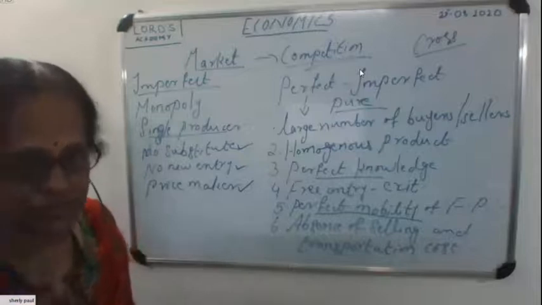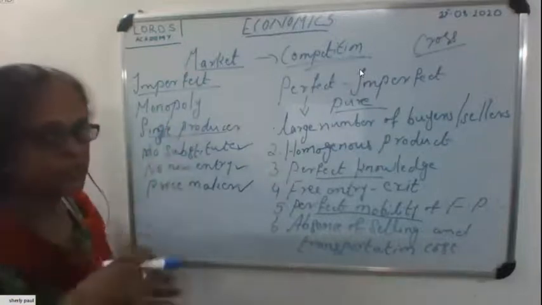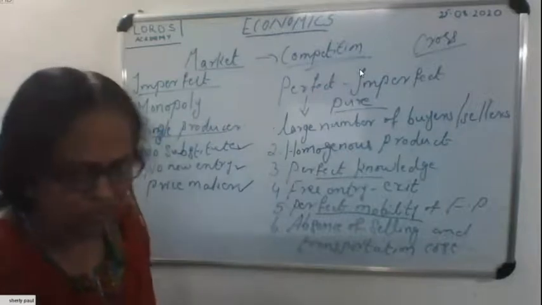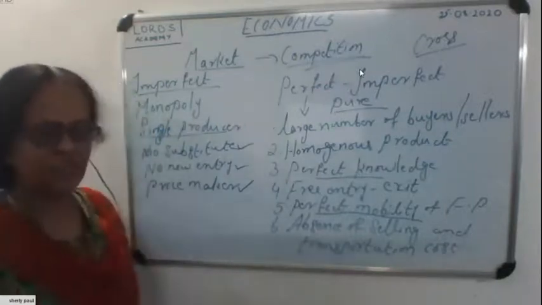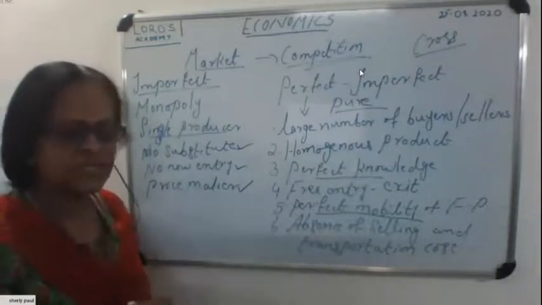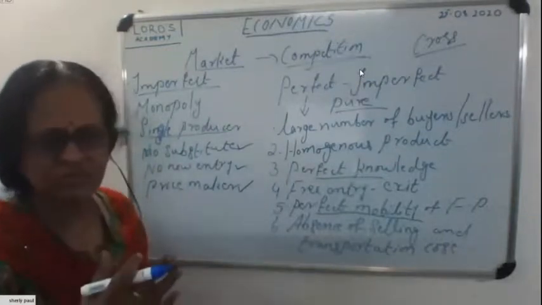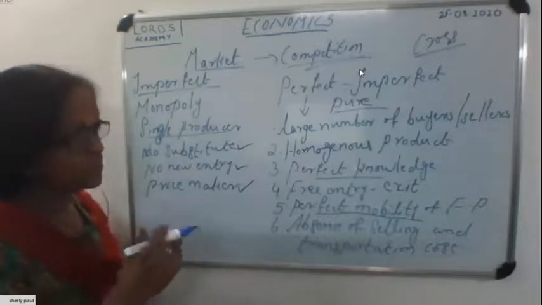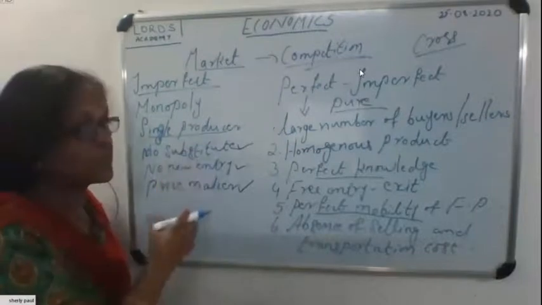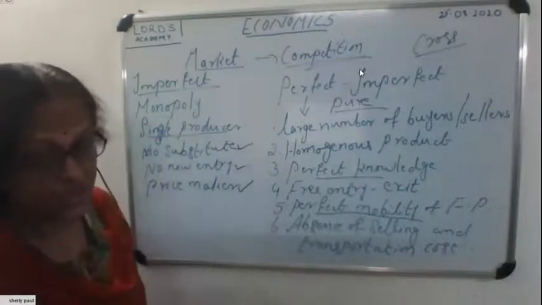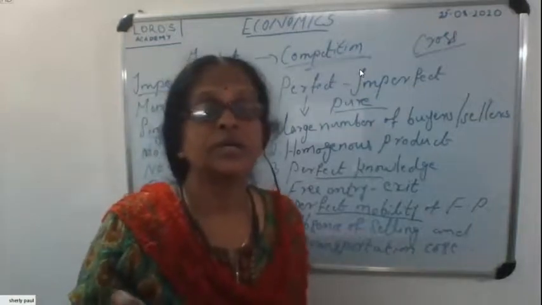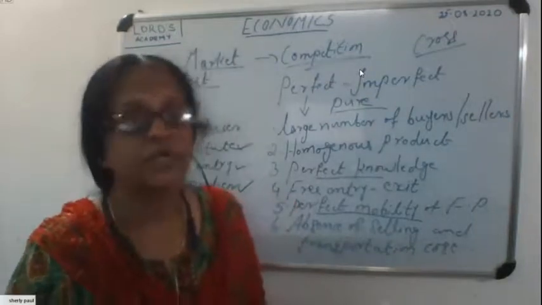If a person is coming who is in urgent need of that product, he knows that at any cost he will buy the thing, then the monopolist can increase the price. Otherwise, if another person is not that much in need of the product, then to sell that product, he will reduce the price. Or if his stock is too much, he thinks it is better to dispose of it fast, then it is better to reduce the price.